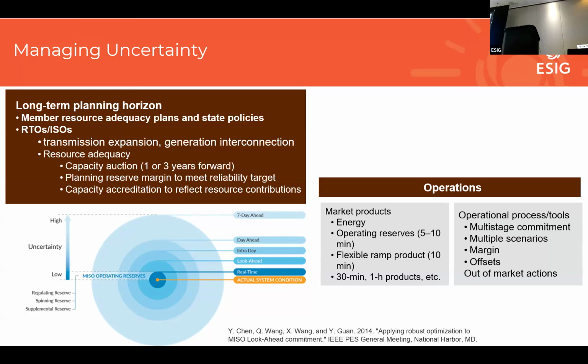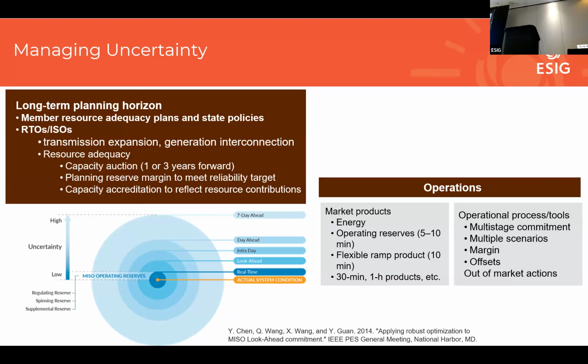But really, their main responsibilities include transmission expansion. Especially recently, there's FERC Order 1920, which requires all the ISOs to establish a long-term transmission expansion process and also consider multiple scenarios and extreme events in their planning process.